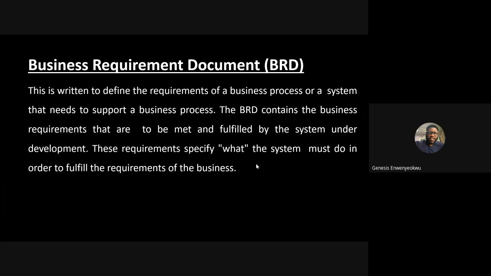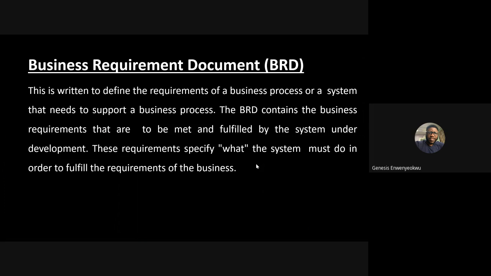The BRD contains the business requirements to be met and fulfilled by the solution under development. The business requirement specifies what the solution must do in order to fulfill the requirements of stakeholders.